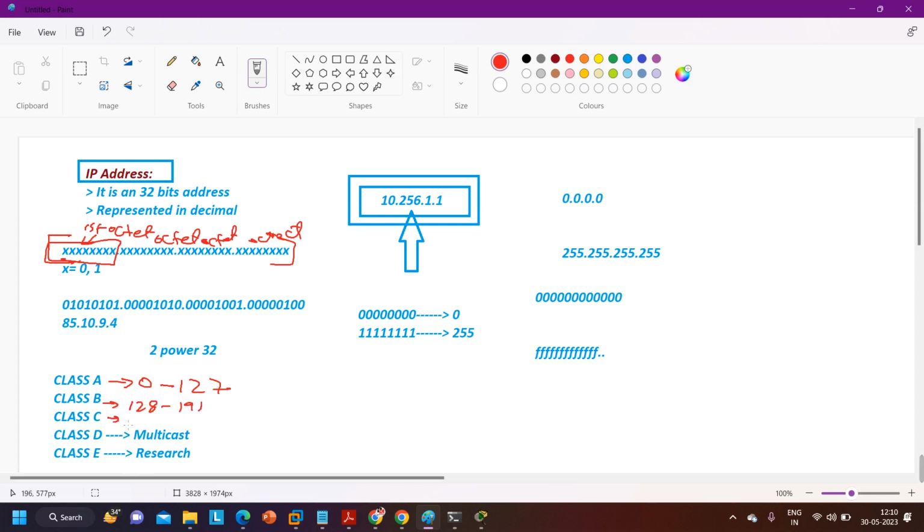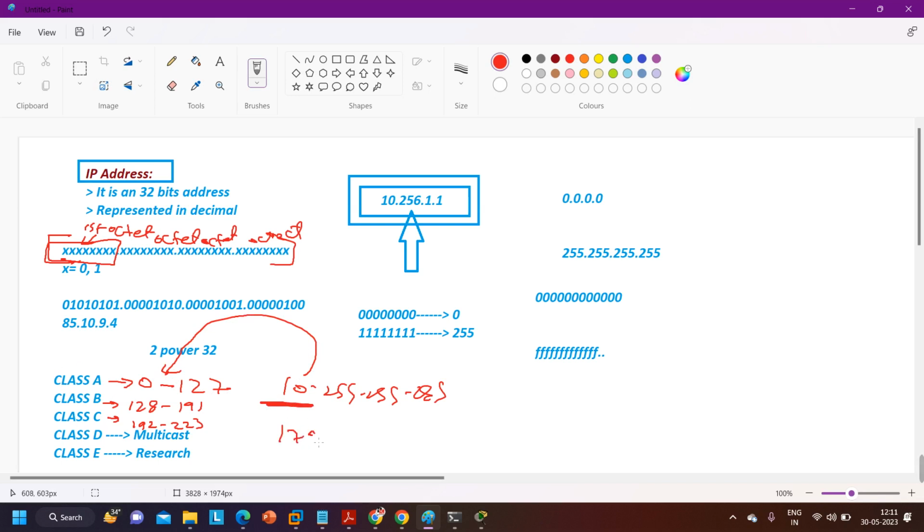If I talk about class C, the range of class C is 192 to 223. So if I am writing one IP address over here, 10.255.255.255, this IP address belongs to which class? Class A. Yes, you will check only the value in the first octet. The value present in the first octet is 10, and 10 is between 0 and 127, so it belongs to class A.